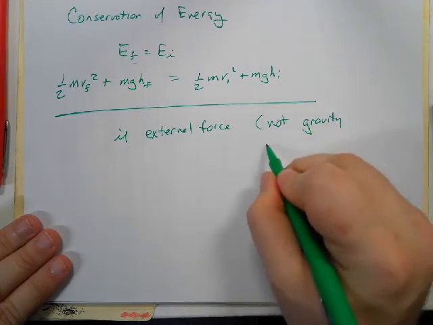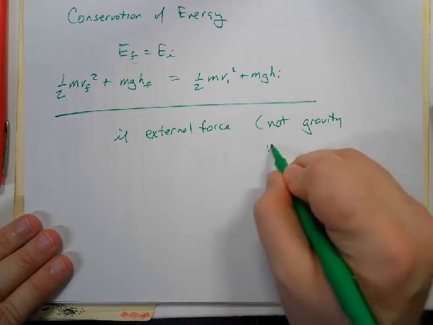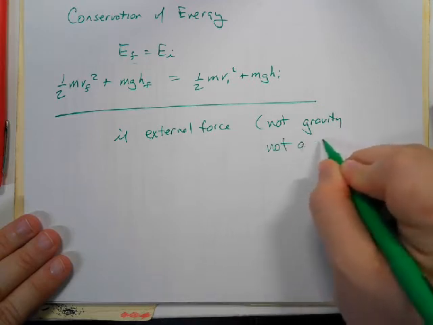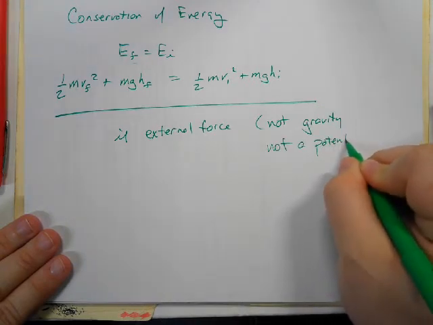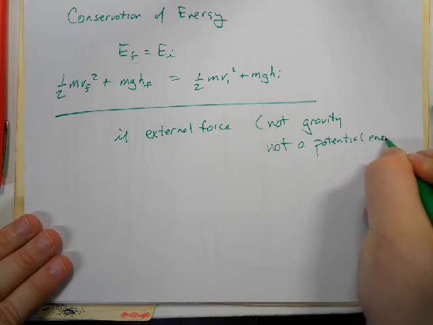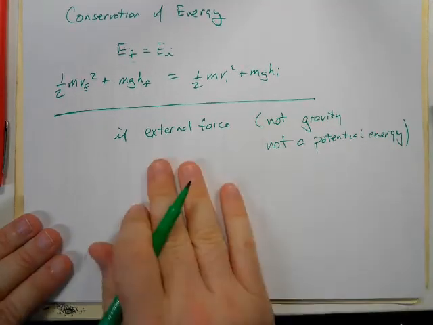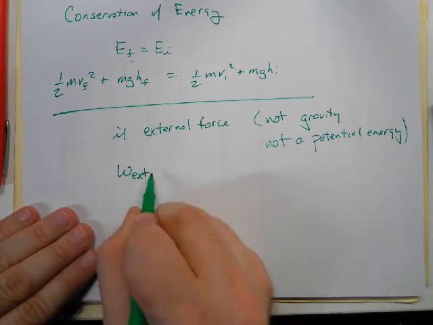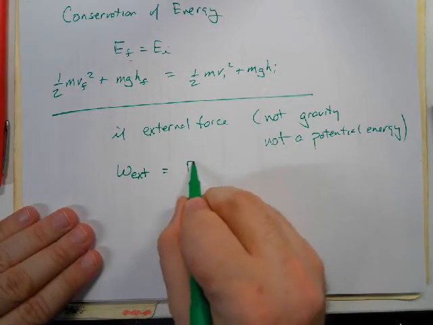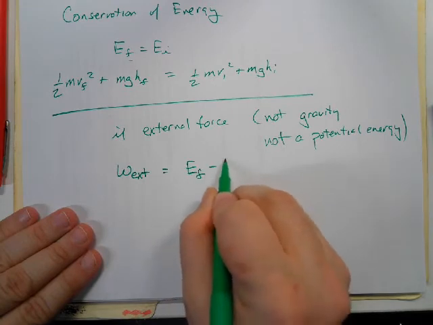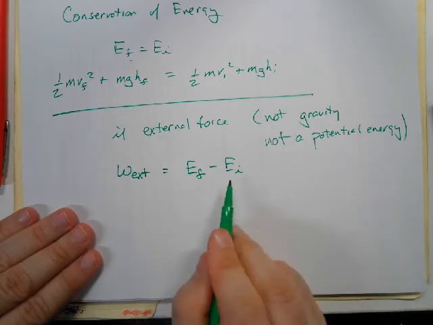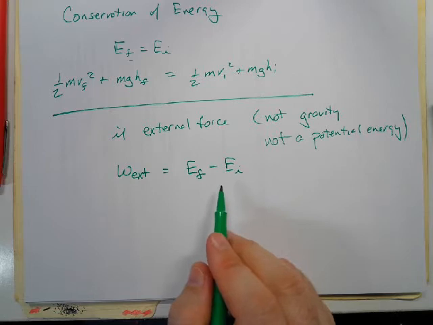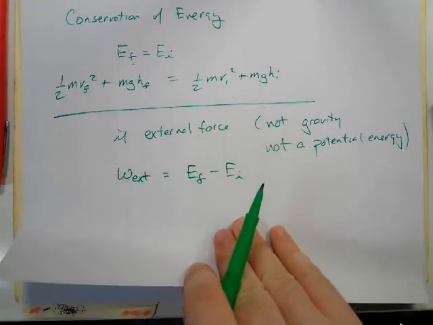Not gravity, nothing with a potential energy. Well, what we'll do is say the external work is the final energy minus the initial energy. So we'll have to figure out what those are. So that's going to be in the next video.